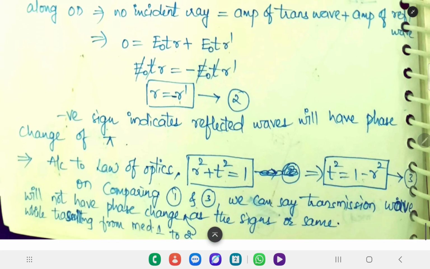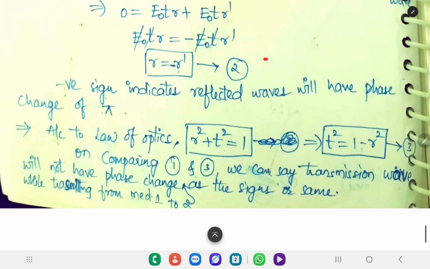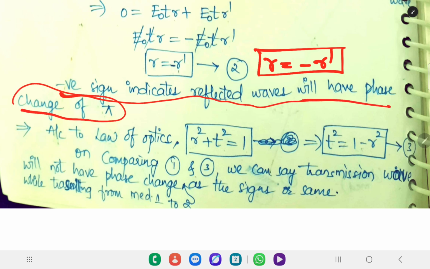Remember, R is equal to minus R dash. The negative sign indicates that the reflected wave will undergo a phase change of pi.